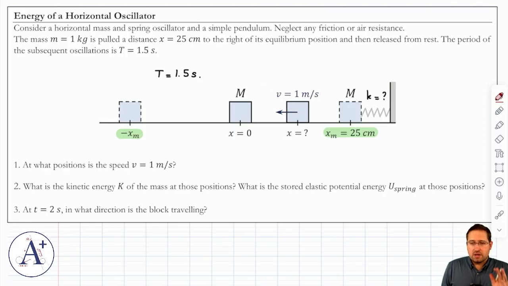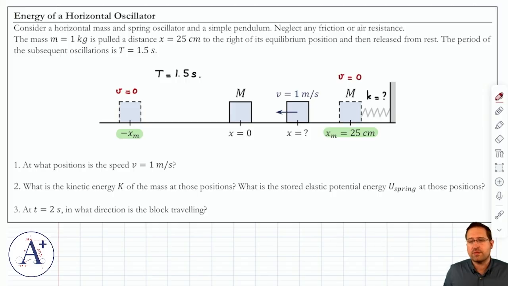Now, worth noting that it is at the endpoints that velocity is 0, because that is where the oscillator turns around. Okay, turnaround points are points where velocity is 0, right? It's no longer moving out, but it's not yet moving back in.